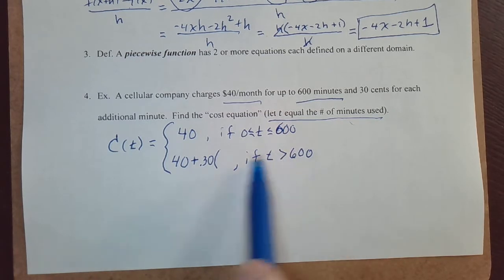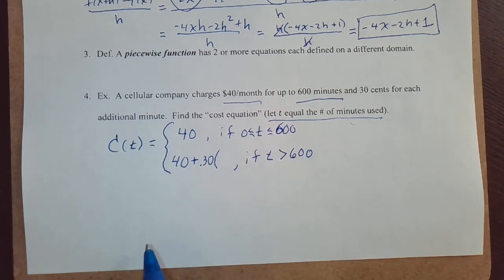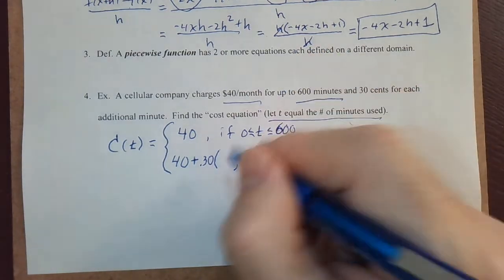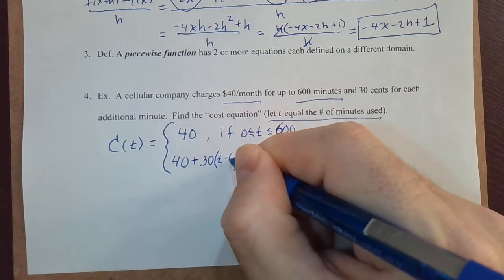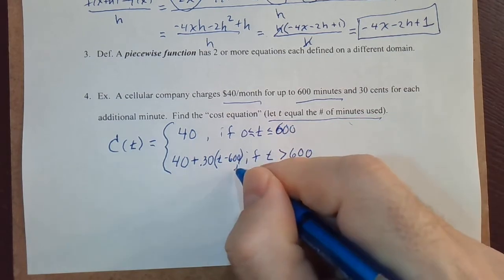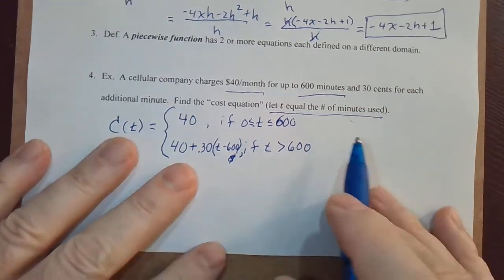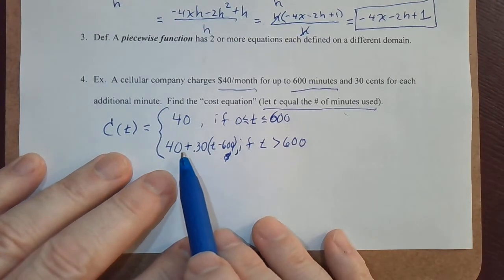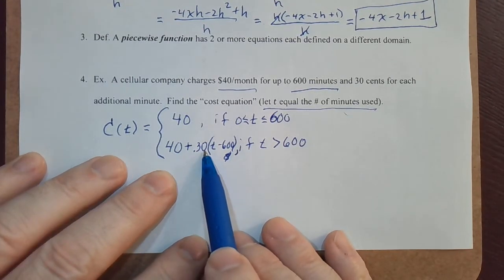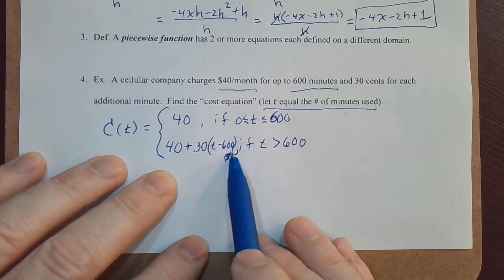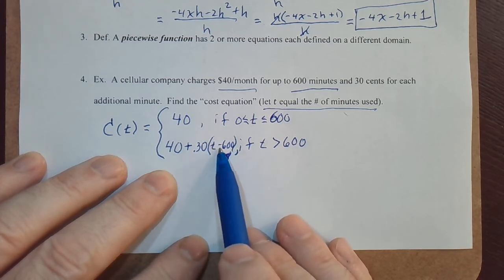before I write it down, what would it be for 700 minutes? I would need for this to be 100. So if t is 700, then I have to subtract 600. There, I didn't give myself much room. So hopefully you can read this. It's 40 plus 30 cents times the overage minutes, t minus 600.